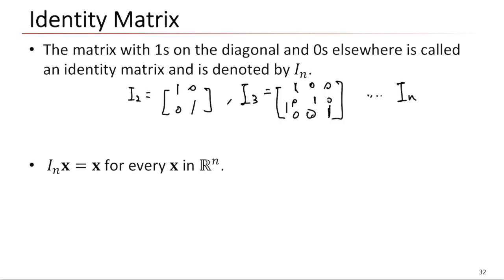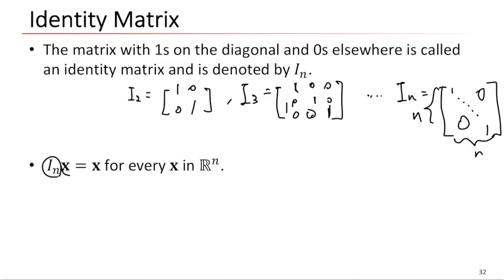And this is the general formulation of the identity matrix In. Why is it important? If we multiply the identity matrix with a vector X, it's going to be the vector itself, for every vector in Rn. This is a very desirable property when we compute vector or matrix operations.